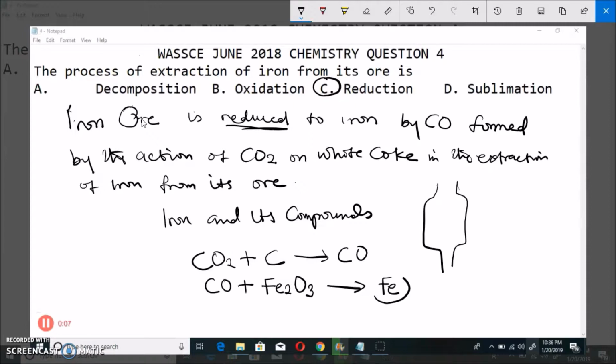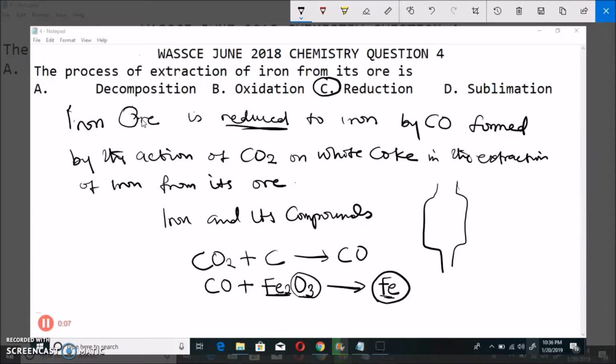So that's how you go about getting your iron, because of the reduction of this iron ore, removing this oxygen to give you only iron, which is what you actually need. So this reduction of this iron ore to ordinary iron is how we go about extracting our iron from its ore.